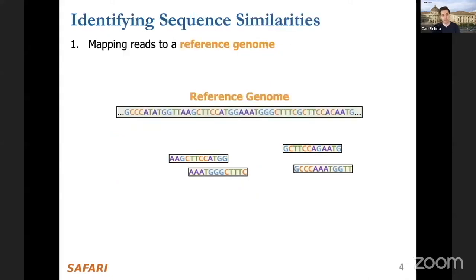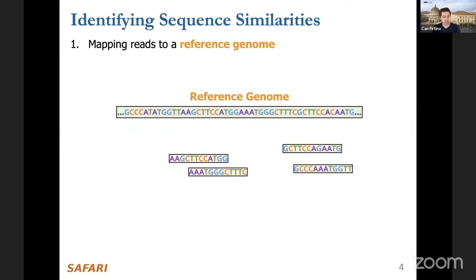And there are several ways of finding the origins of the reads, which we will also refer to as identifying sequence similarities between a read and a genome. The first approach is known as mapping reads to a reference genome, or read mapping.